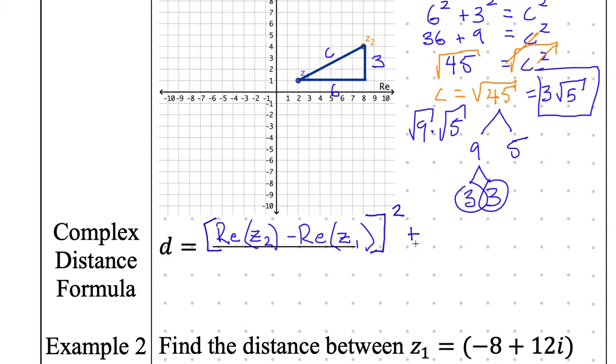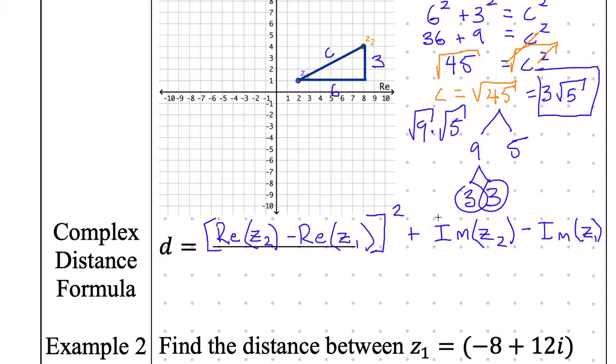Anyone want to take a guess at what we're going to write over here? Not the real, but take another guess, Andrea. Yeah, the imaginary. So we're going to do imaginary of z2 minus the imaginary of z1.